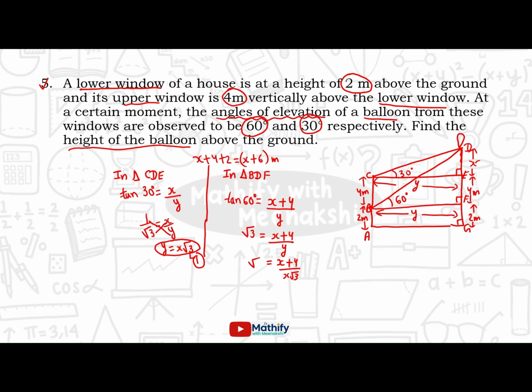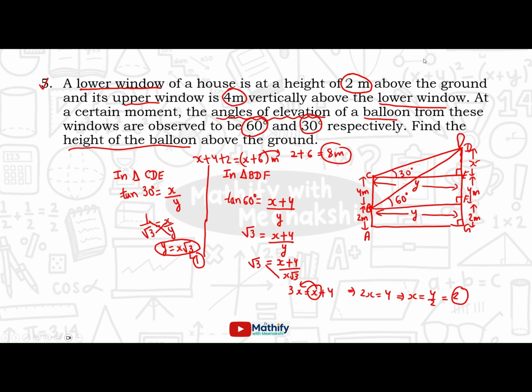Now we'll do cross multiplication. Root 3 into x root 3 is 3x, equal to x plus 4. Just transpose this x to that side. It becomes 2x is equal to 4. That means your x is 4 by 2, you can say your x is 2. Just put the value here. So your final answer is 2 plus 6, that is 8 meter. So the height of the balloon above the ground is 8 meter.